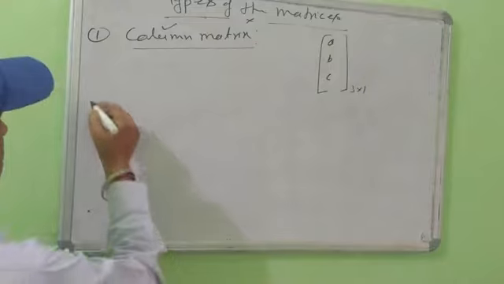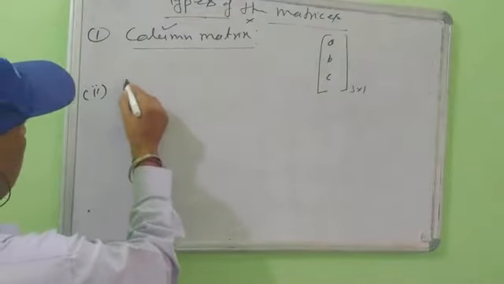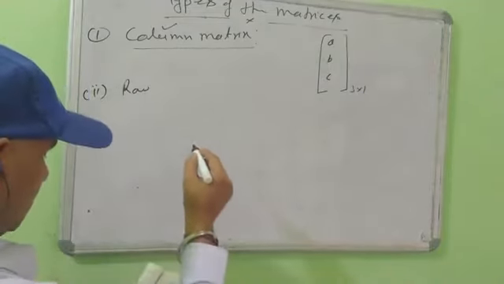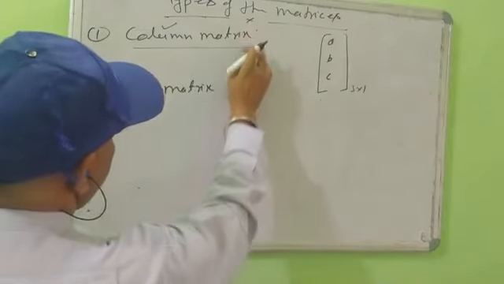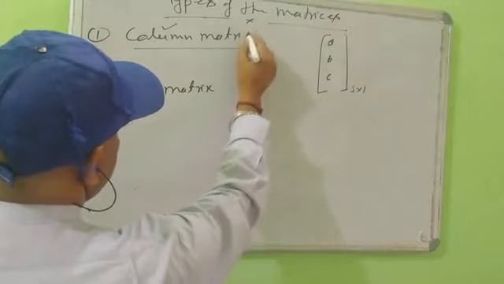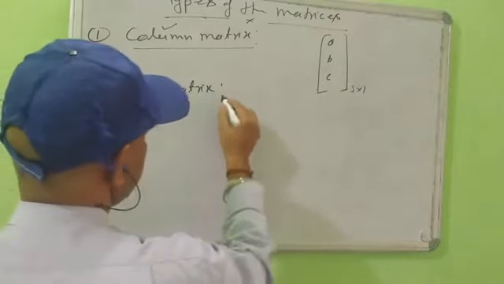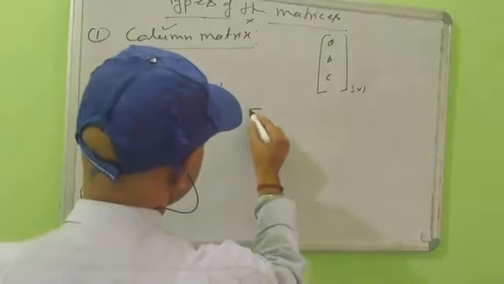Second point here, the row matrix. A row matrix means a matrix having only one row.